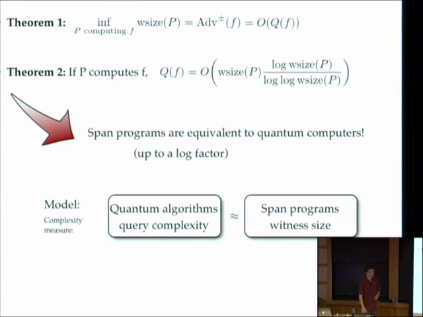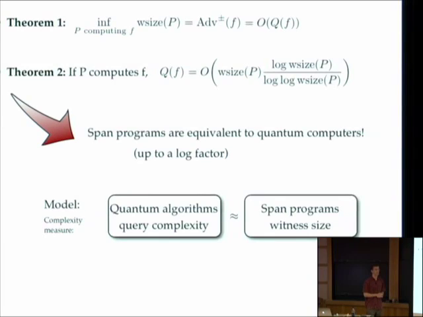I mean, you could say that this gives you an optimal quantum algorithm for every problem, right? You just compute the adversary bound, and that gives you the algorithm. It's not so easy because the adversary semi-definite program is exponentially large, so you can't generally compute it. For a formula, it turns out that you can compute it separately for every one of the gates and then plug them together. And so if you give me a formula, I can efficiently compute the adversary bound, and I can efficiently come up with an algorithm.